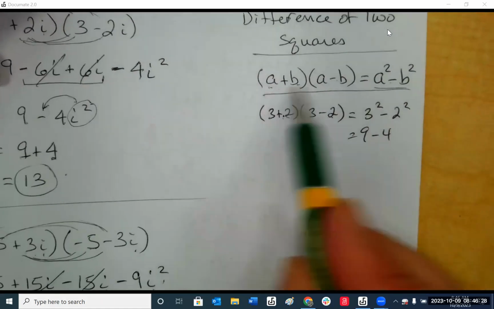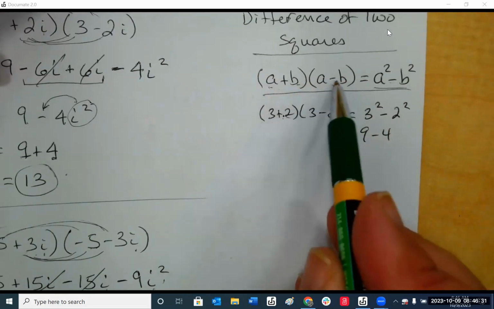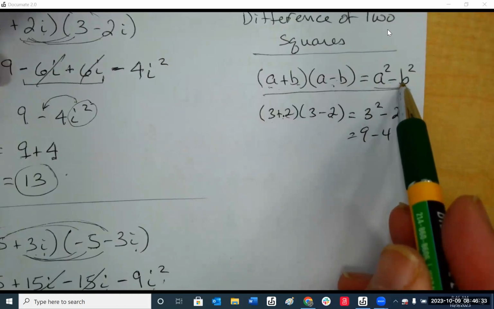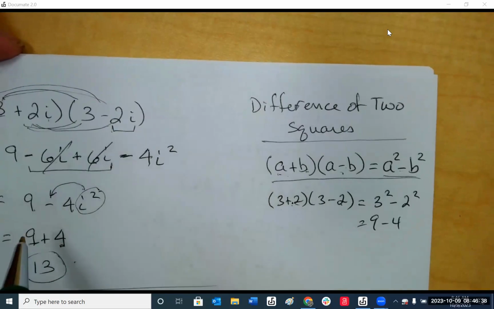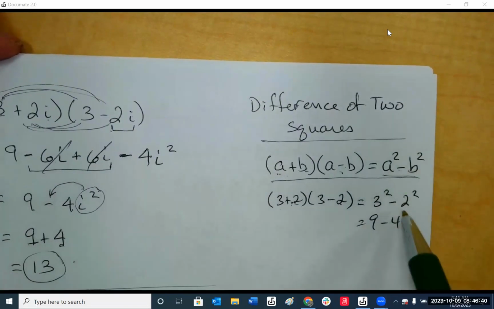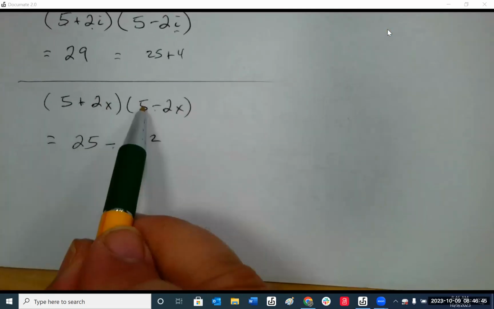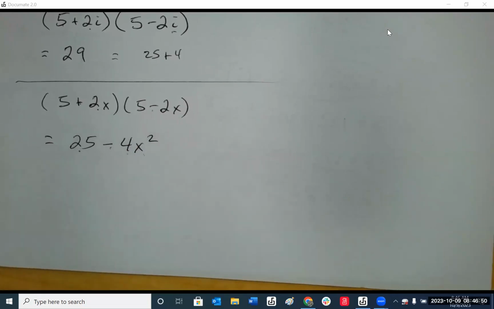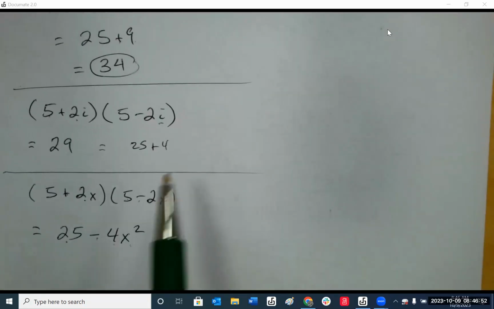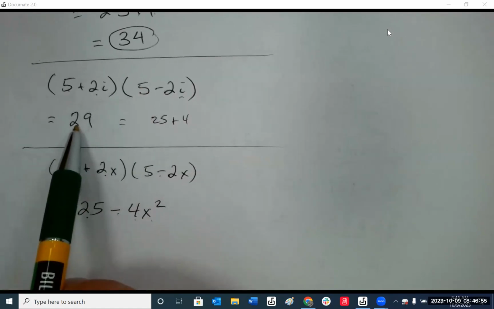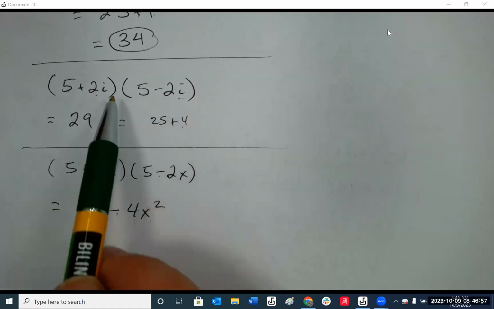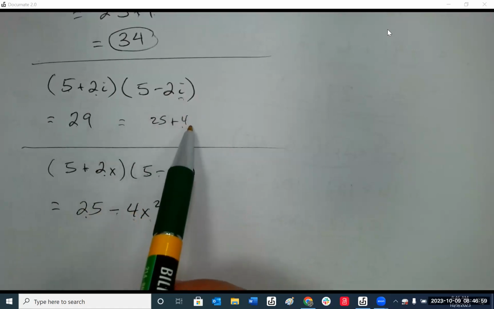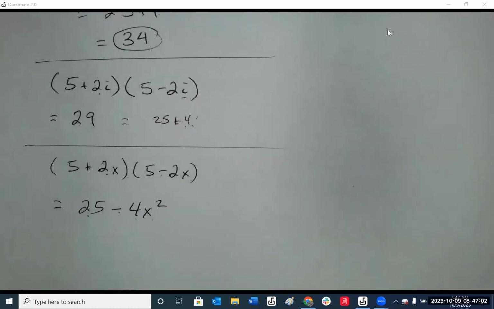See, so this one here says if you have two numbers, just different signs in between them, it becomes this. But if b is an imaginary number, you square the imaginary number, you get an i squared. 5 times 5 is 25. 2 times 2 is 4. x times x is x squared. 5 times 5 is 25. 2 times 2 is 4. i times i is i squared. So it changes that to a positive.